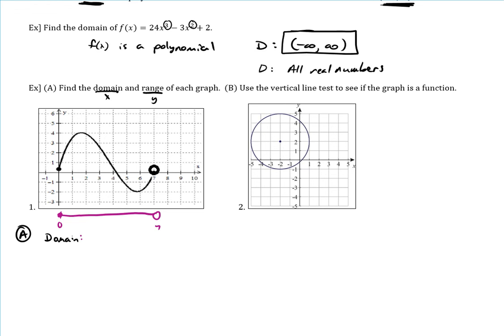Okay, so these solid dots, let's put that information right here. Solid dots use brackets with interval notation.